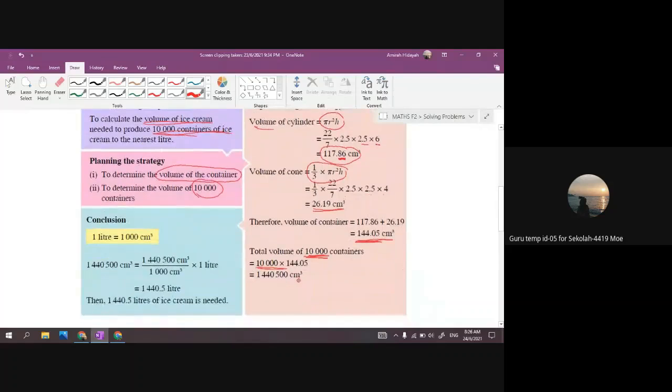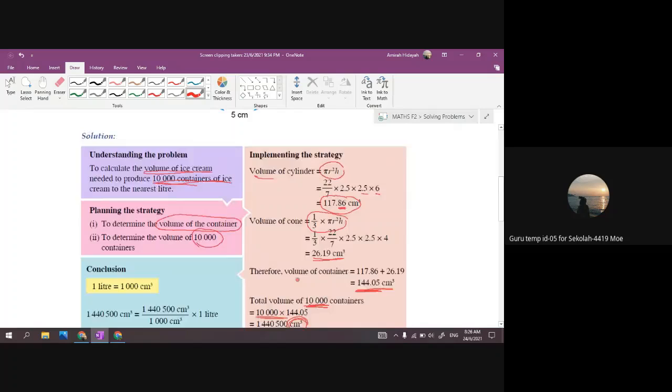When you multiply with 10,000, you will get 1,440,500 centimeter cubic. So this is also not the final answer yet because it is in centimeter cubic.